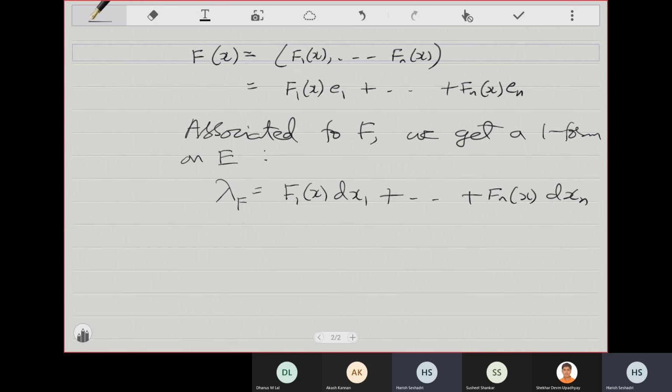You know that if you have a vector space with an inner product, or a vector space with a basis, associated to each vector in the vector space you get an element of the dual space. That is precisely what is going on here from that point of view. If you have not seen my notes, the definition of lambda F is simple enough. You just use the same coefficient functions and put dx1, ..., dxn.